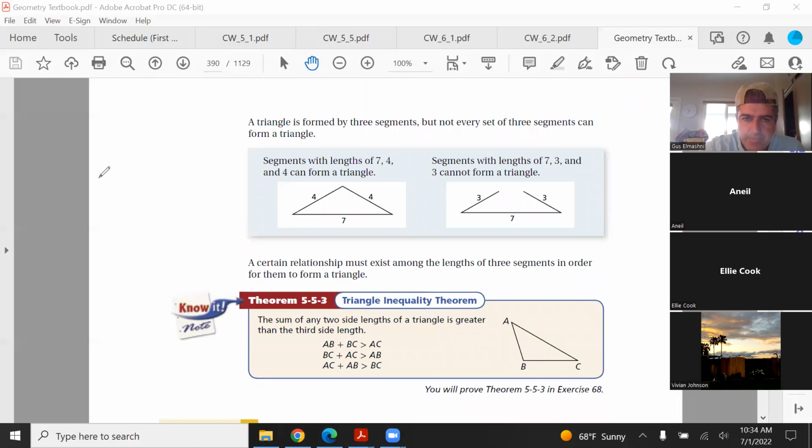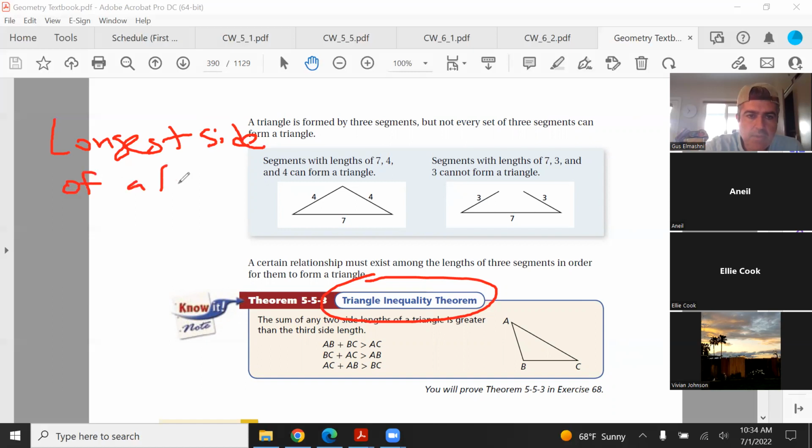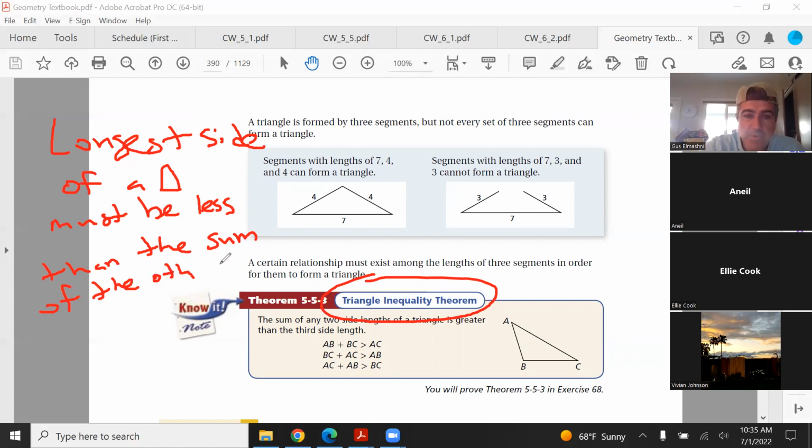What this theorem means is that the longest side of a triangle must be less than the sum of the other two sides. You may want to jot this down somewhere in your worksheet as well.